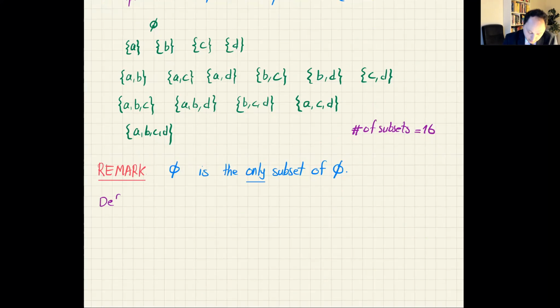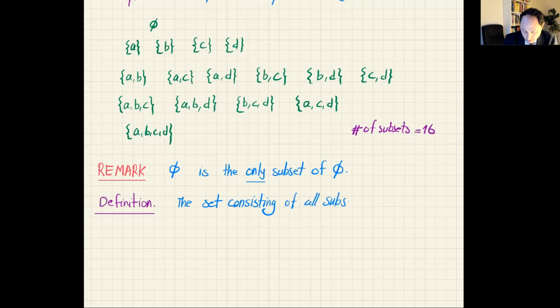Definition. The set consisting of all subsets of a set A is called its power set.